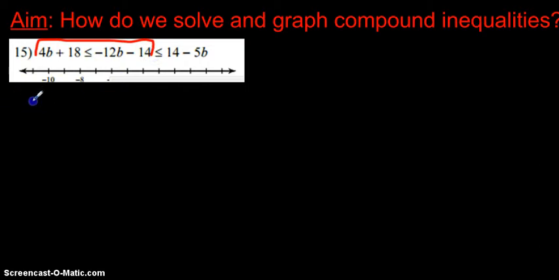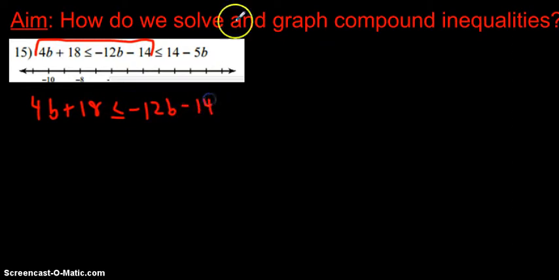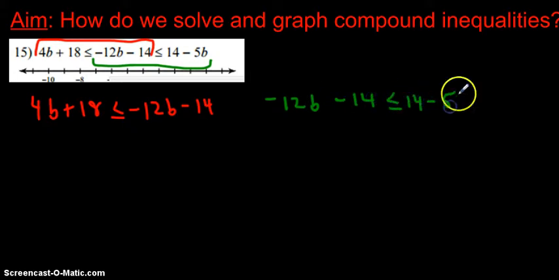That would be one, and this would be another. So that would be negative 12b minus 14 is less than or equal to 14 minus 5b. So that's normally how you would deal with these triple inequalities.